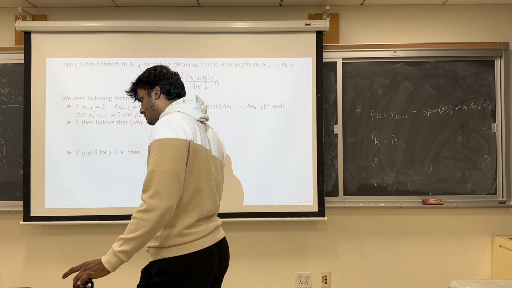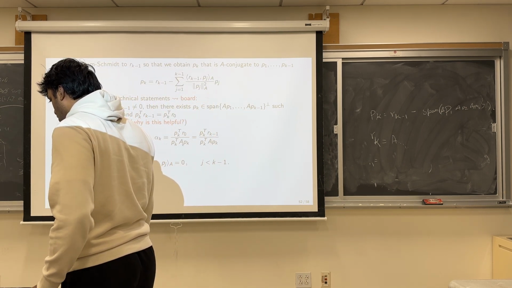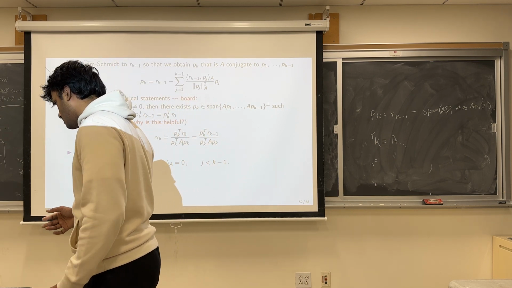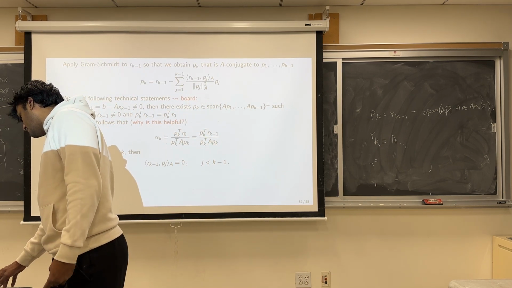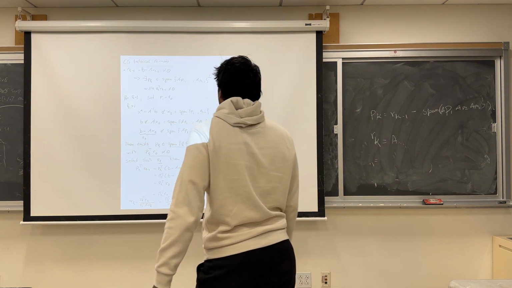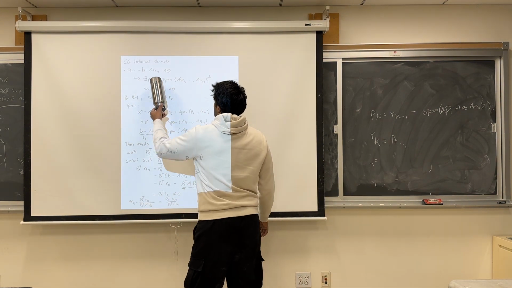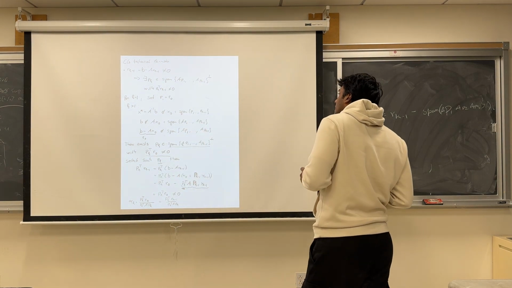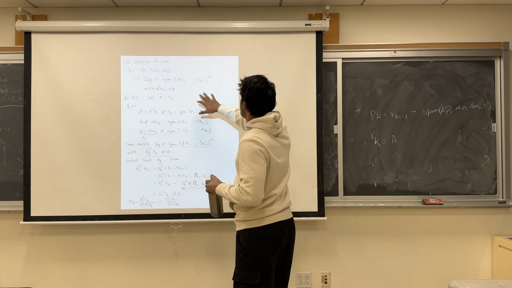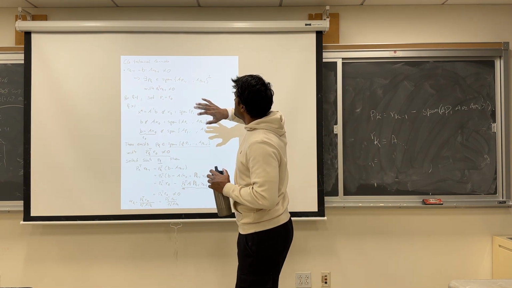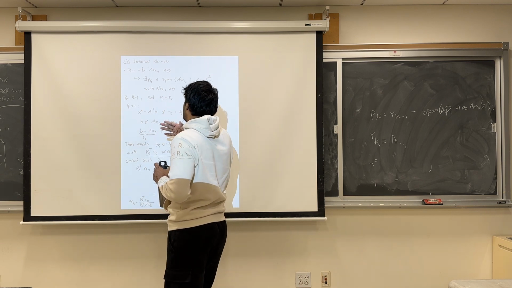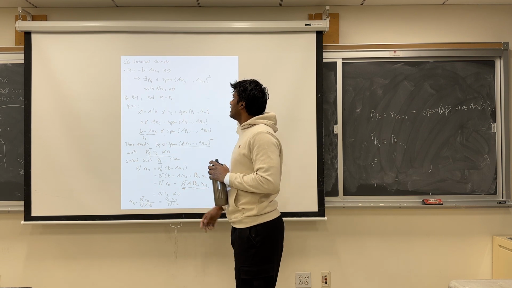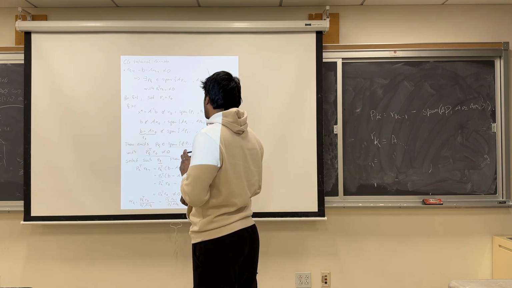Apply Gram-Schmidt to R_{k-1} so that we obtain P_k that is A-conjugate to all of these. So we need the following technical statements. CG technical lemma: R_{k-1} is b minus A x_{k-1}. That's just a residual. This implies existence of a P_k which is perpendicular to the span of this with P_k transpose R_{k-1} non-zero. That means some component, it should be A-conjugate, right?